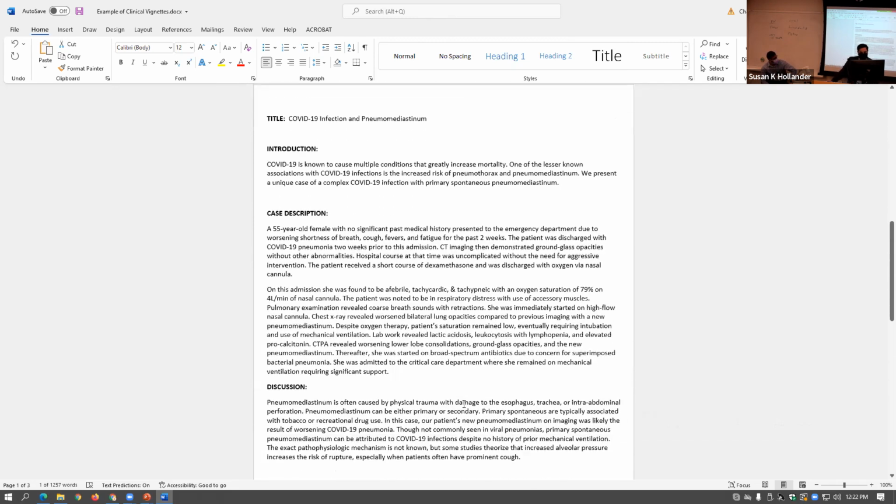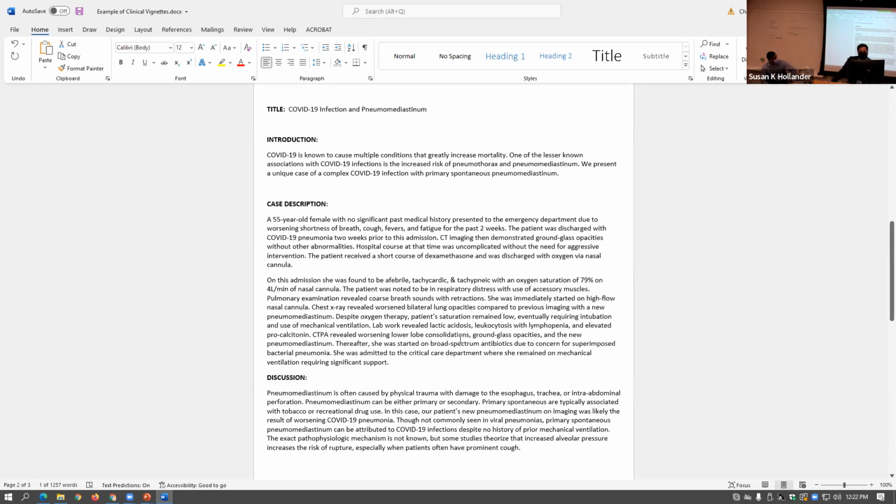This was a great write-up by one of our residents at Mercy Health. It's a simple case. I mean, I don't know how many COVID patients I've seen since the pandemic started. And I've seen these patients develop something called pneumomediastinum or pneumothoraxes, and they require chest tubes, etc. But the way this was written was really well.